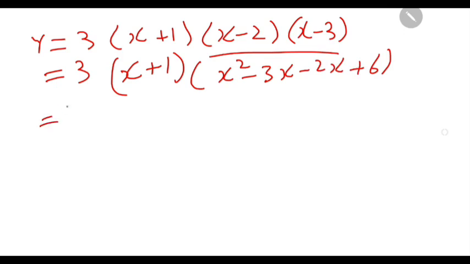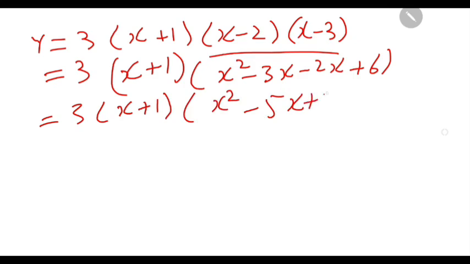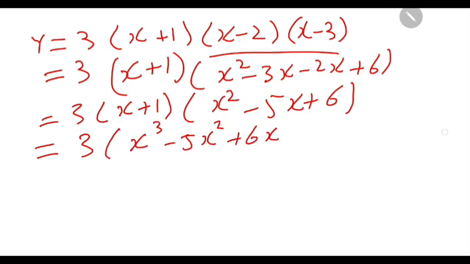Now I'm gonna simplify here. 3 times (x + 1) times (x square minus 5x plus 6). Now multiply the remaining factors. So we got 3(x + 1), and I'm gonna multiply with this one now. x multiply with x square minus 5x plus 6 gives x power 3, and then I multiply 1 with this one, so this becomes plus x square minus 5x plus 6.